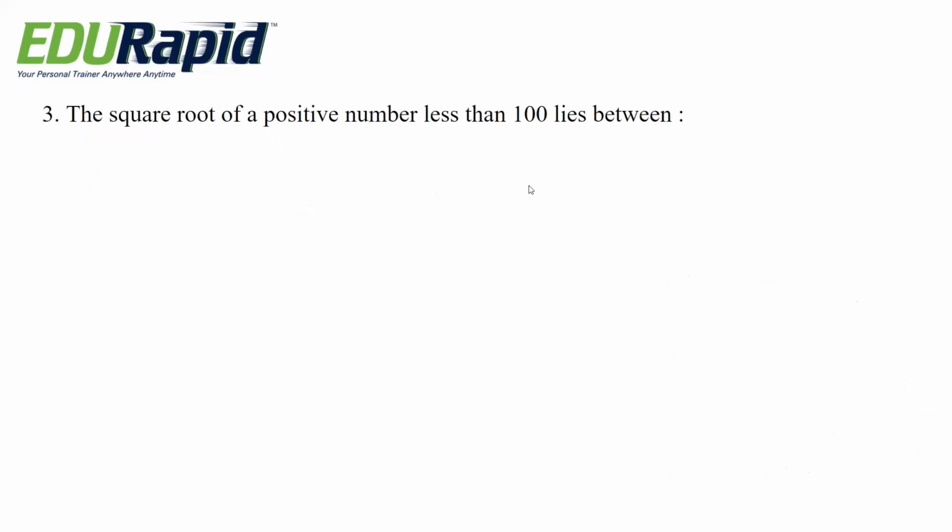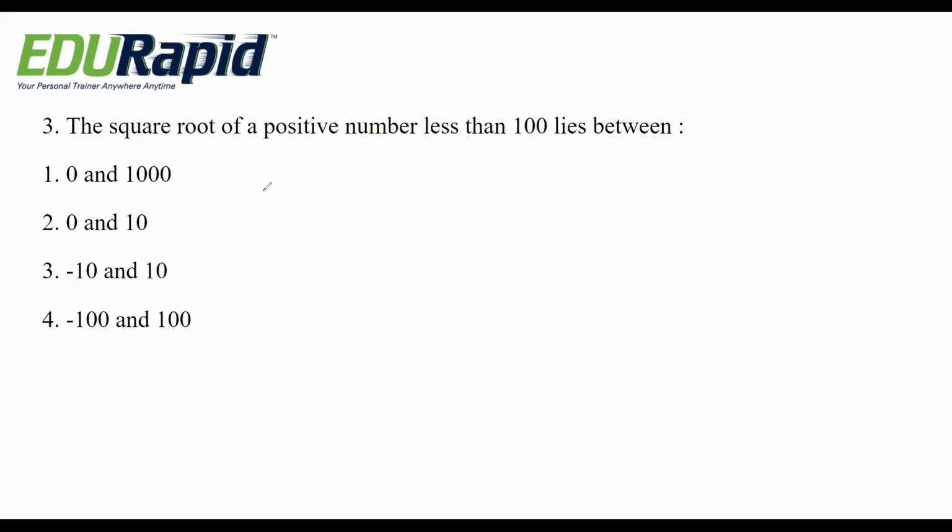Next question. The square root of a positive number less than 100 lies between what? Options are 0 and 1000, 0 and 10, minus 10 to 10, minus 100 to plus 100.